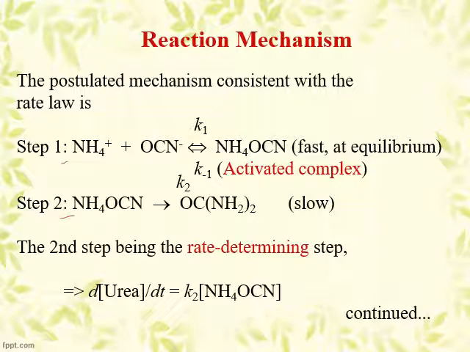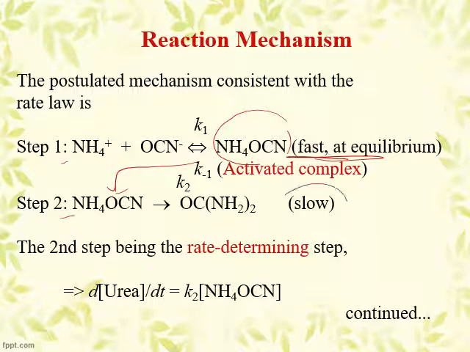Look here. The first step is a fast step which produces the activated complex or the intermediate, which is used as the reactant in the later step, the slow step. The rule of thumb is that when you write the rate law, it has to be based on the slow step.